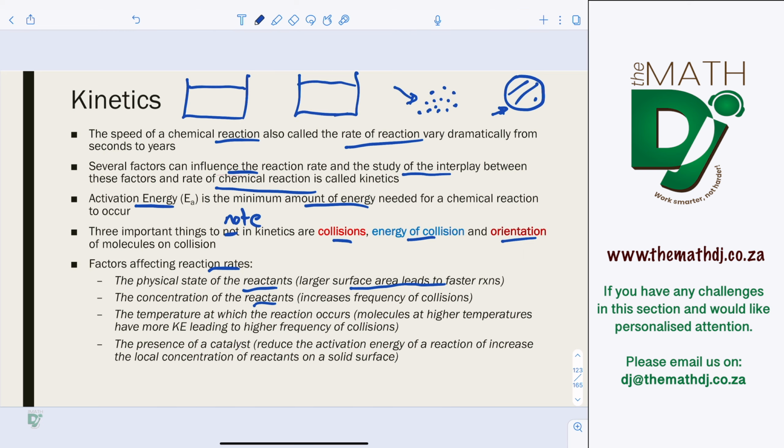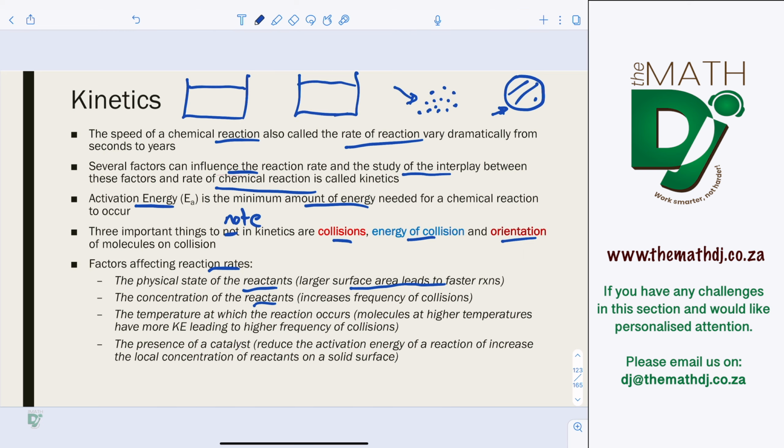Then temperature. At higher temperatures, molecules have more kinetic energy. KE represents kinetic energy, leading to a higher frequency of collisions.